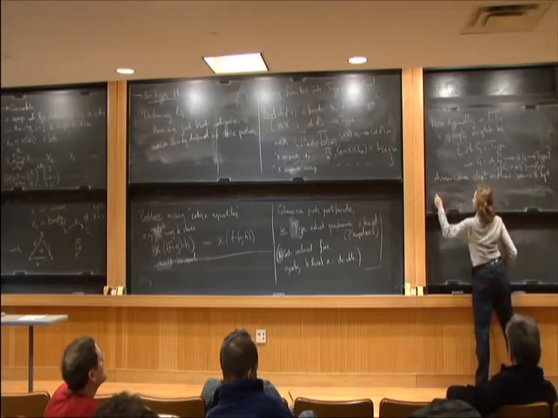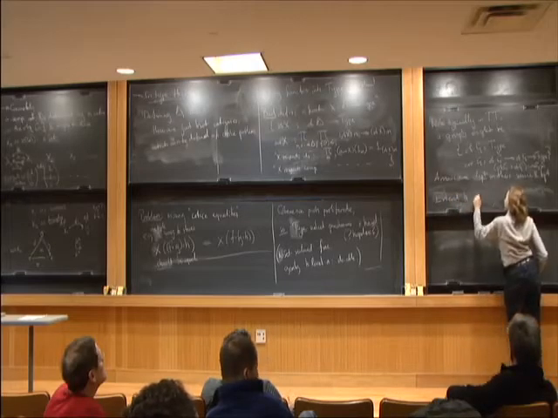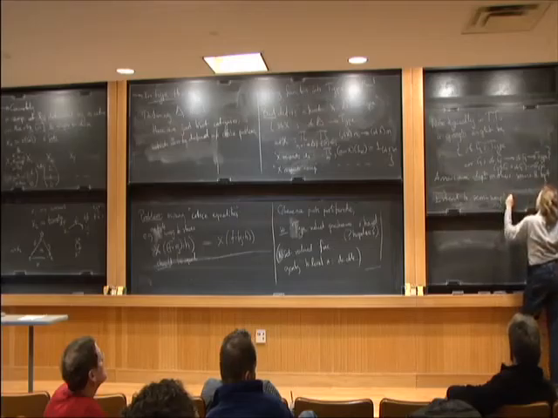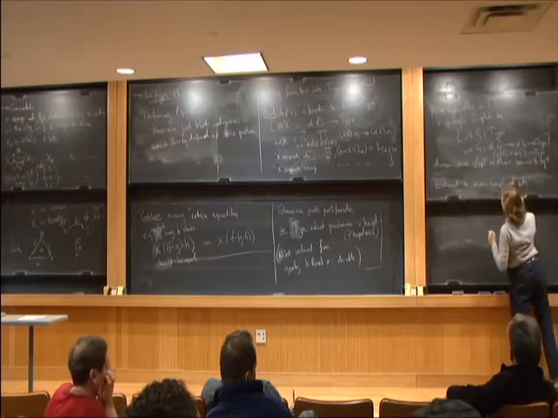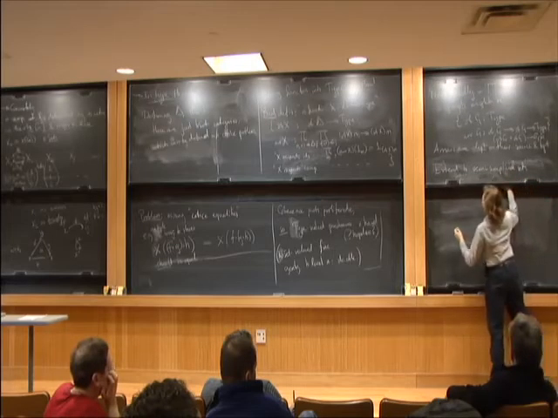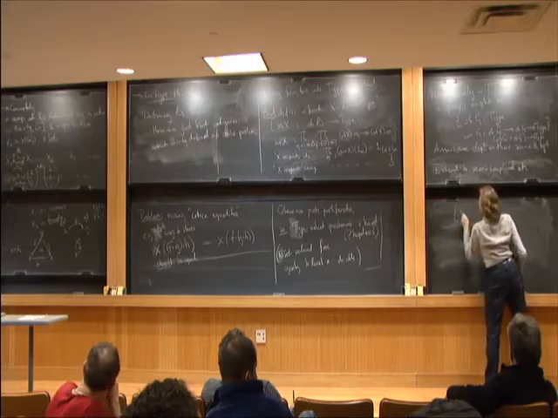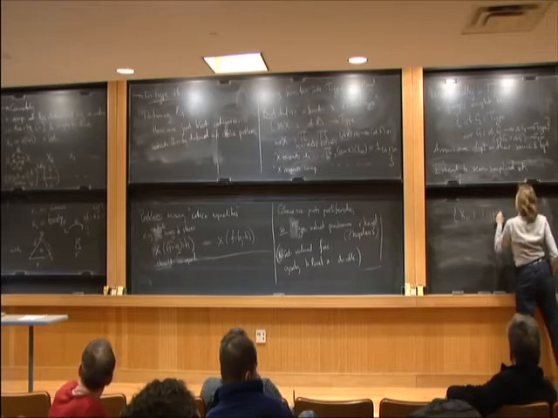So we can extend this idea to semi-simplicial sets. We have x0 is a type.